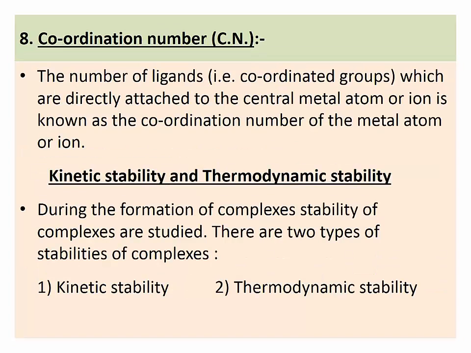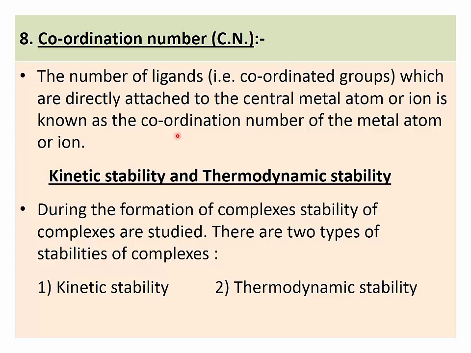Then the next definition, coordination number. The number of ligands, that is coordinated groups, which are directly attached to the central metal atom or ion is known as the coordination number of the metal atom or ion. Got it? If the coordination number of a metal atom is 4, that means 4 ligands are coordinated to the metal atom or ion.